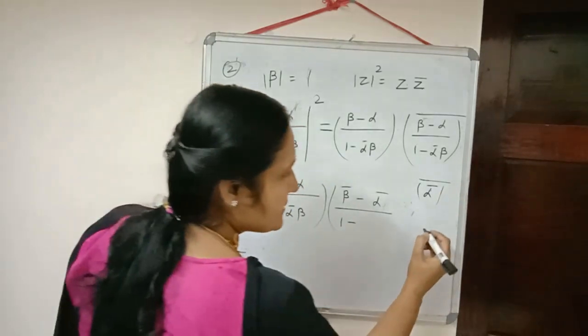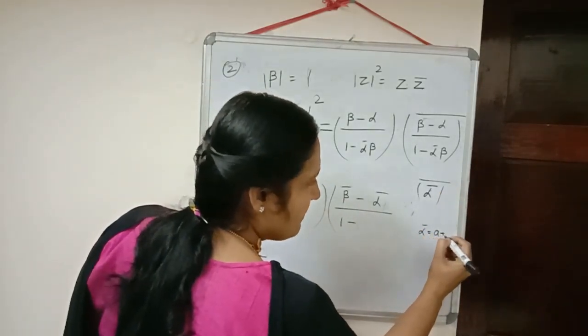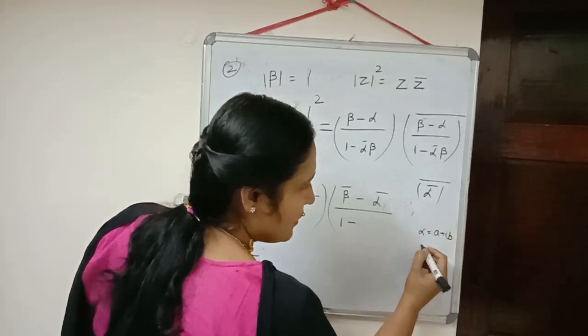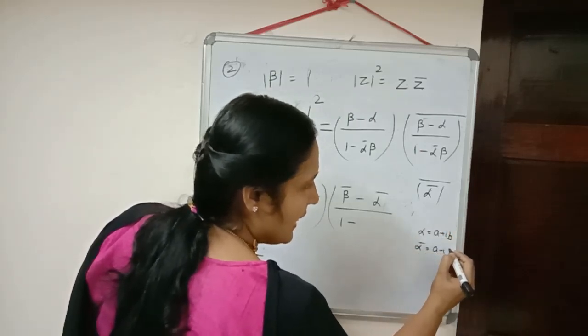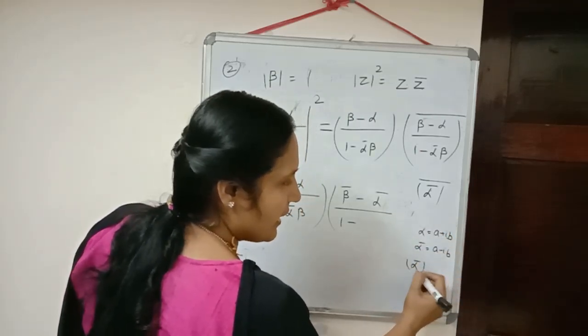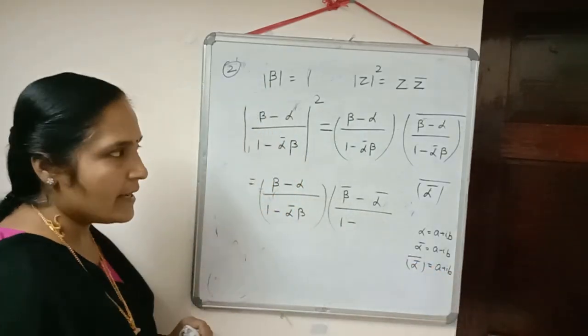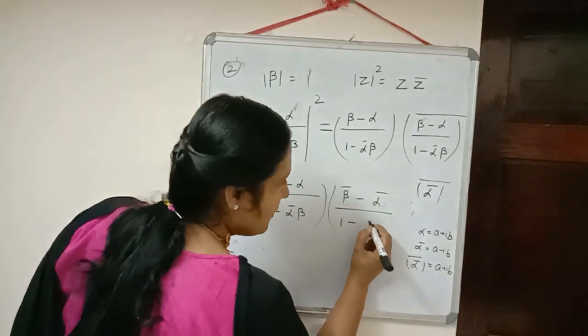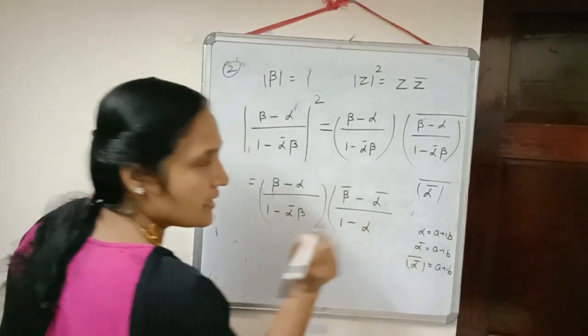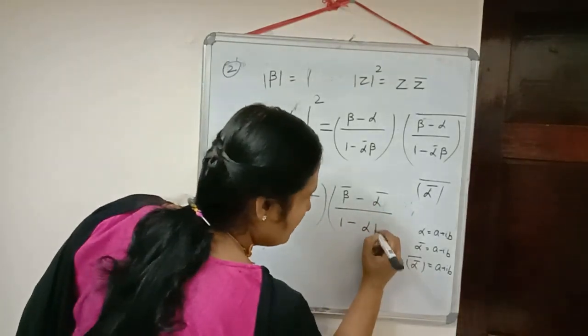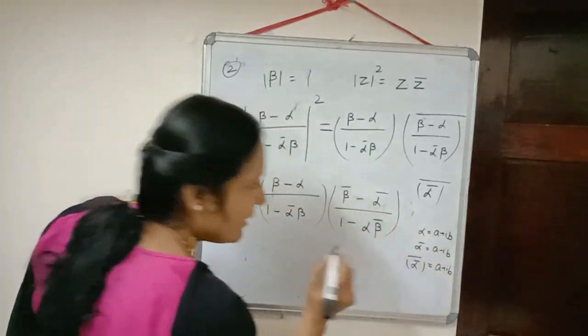If it is a complex number, alpha is equal to a plus ib, suppose, what will be alpha bar? a minus ib. Again if I have to find the conjugate, then it will be equal to a plus ib. So alpha bar the whole conjugate will come is equal to alpha only, into the conjugate of beta.